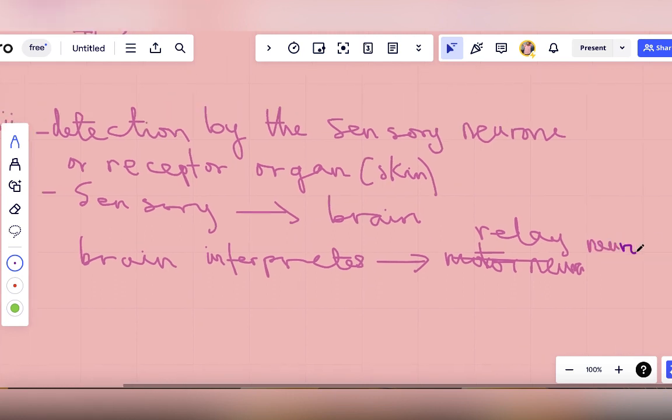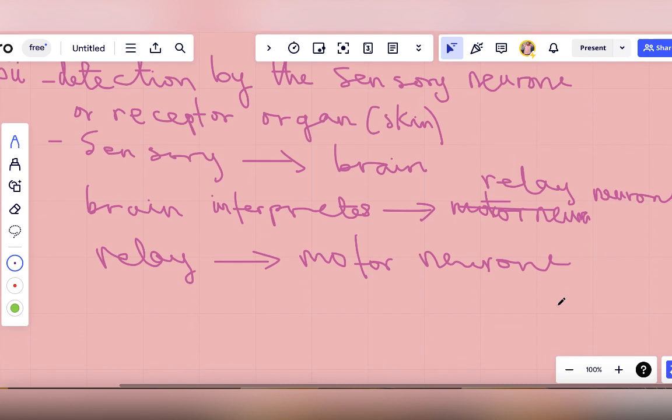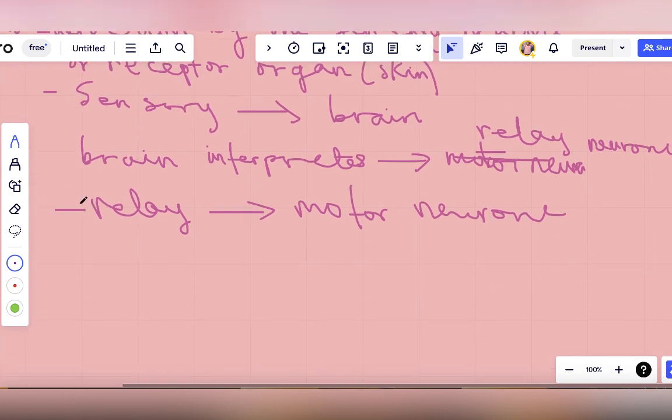Then the motor neuron will bring the message to the effector organ. Motor to effector organ.